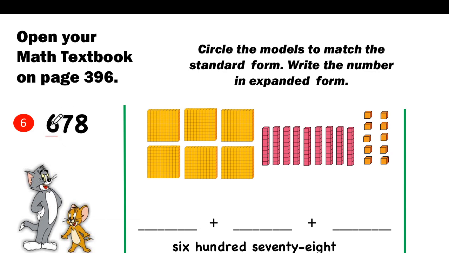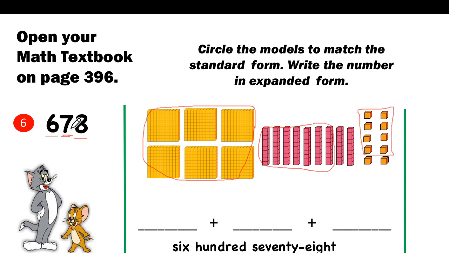See the number here? This is for hundreds. How many? 6. Circle 6 blocks of hundreds. Now, how many tens? This number in the middle is for tens. How many tens? 7. 1, 2, 3, 4, 5, 6, 7. Circle 7 of them. And how many ones? The last number is for ones. That will be 8. Circle them.